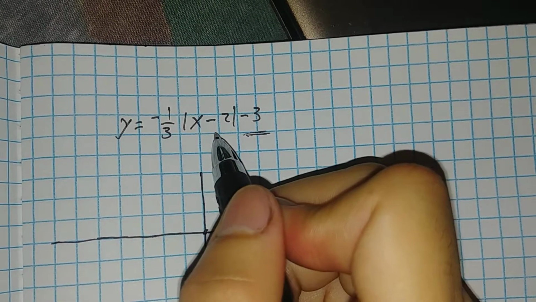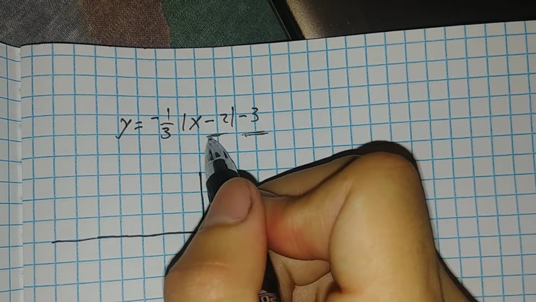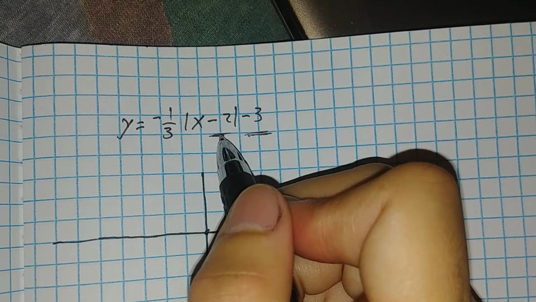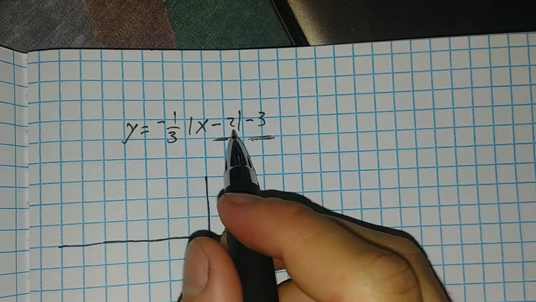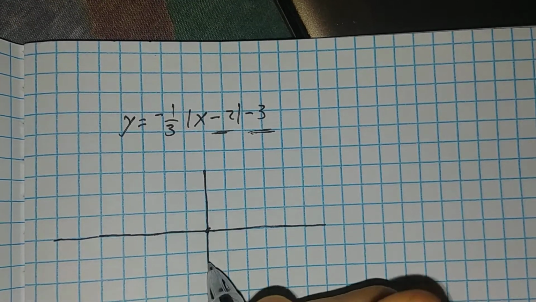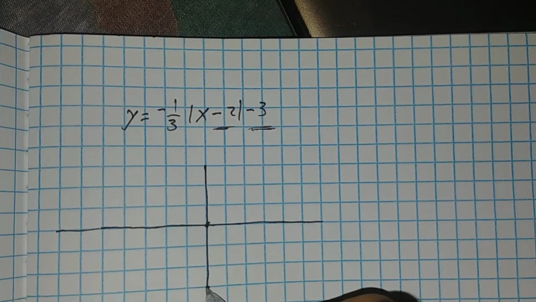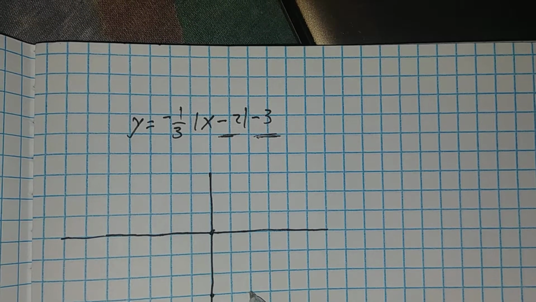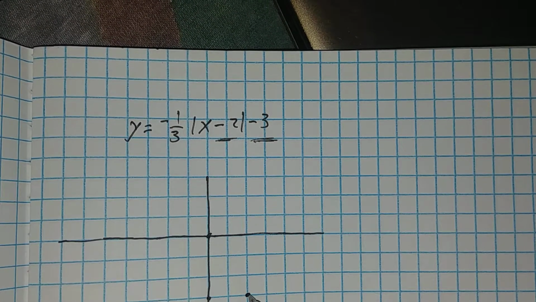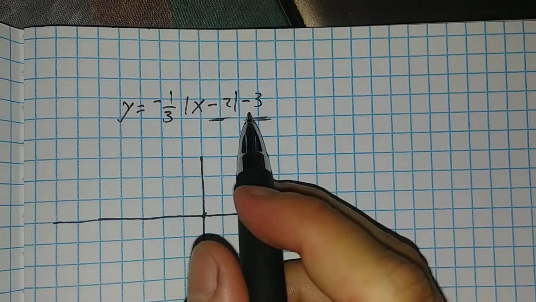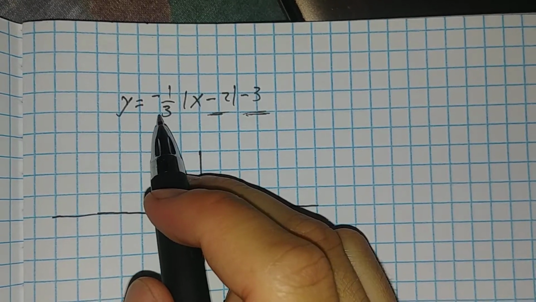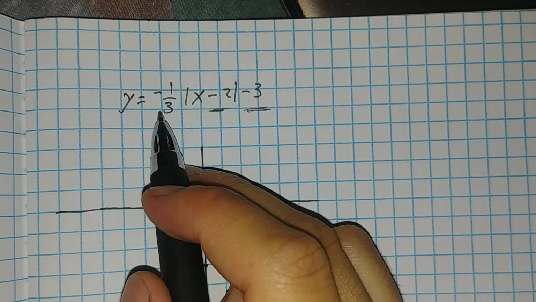It also says that this is a horizontal shift 2 units. Again, this is negative, so it'll go 2 units to the right. So I'm down here, and now I go 2 units to the right. Okay, so I covered the -3 and the -2. I still have to cover the -1/3.